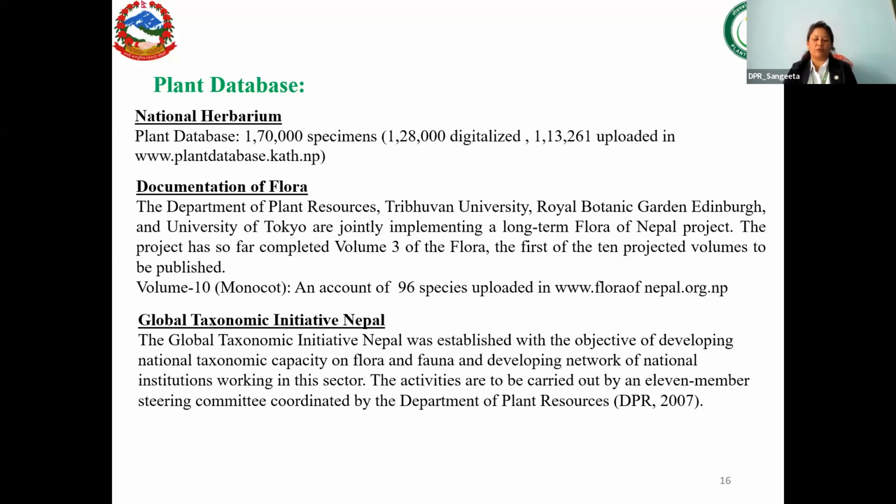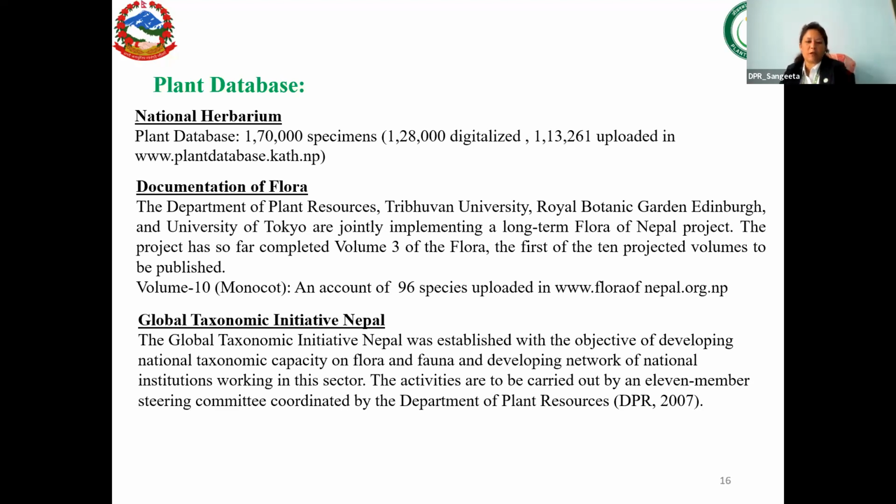So the next way to protect the plant species is the plant database. We should have the basic database, otherwise we could not make future plans for plant conservation. So this is the basis of conservation. For this, we have the National Herbarium at Godavari, and in that National Herbarium, we have a plant database of more than 1,70,000 specimens of plants.